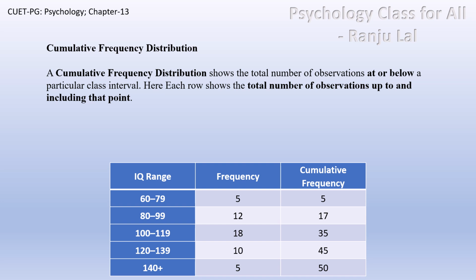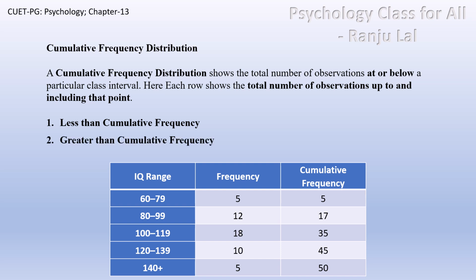Now 17 plus 18 is written as 35 in the third row, and so on, till the last row has 50 as the total of frequency. So if you want to know how many people scored below 120, cumulative frequency gives the answer.